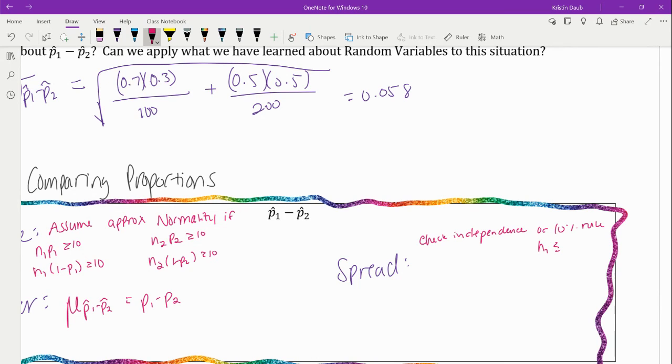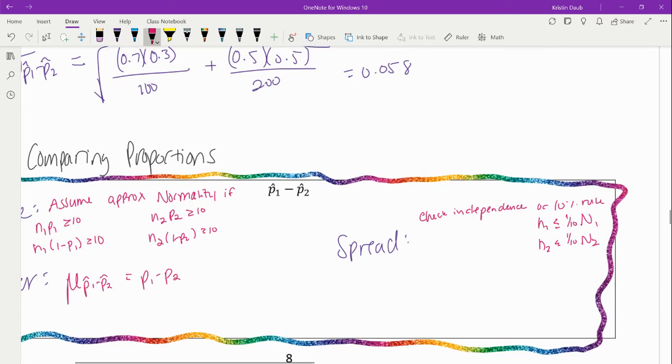So N1 has to be less than or equal to 1/10 of capital N1, being the entire population for my first population, the entire population size. And then the same thing for N2 with my second population. So again, it's just kind of twice the work because we have, in this case, 2 populations as opposed to 1 population like we've had in the past.